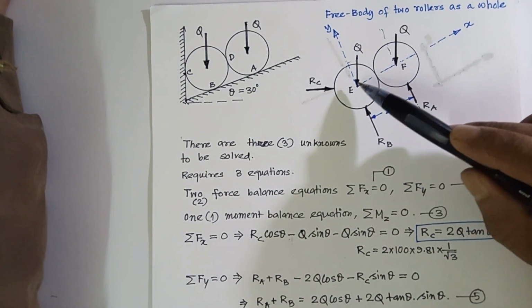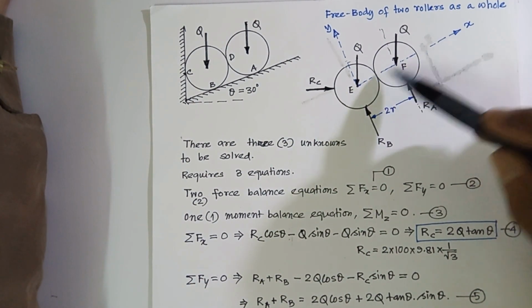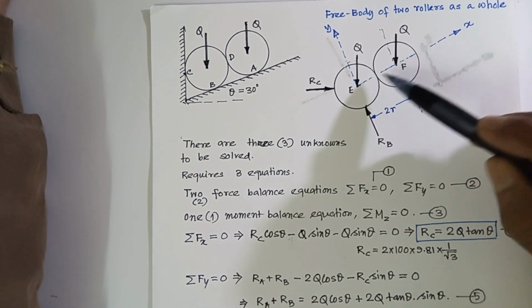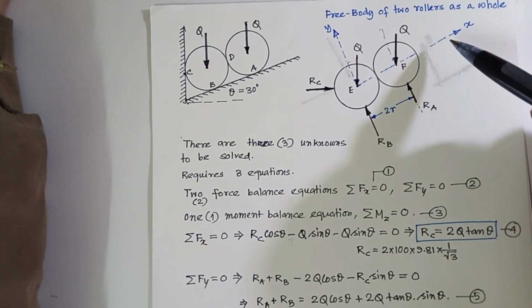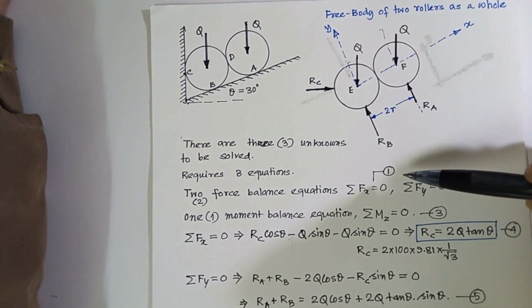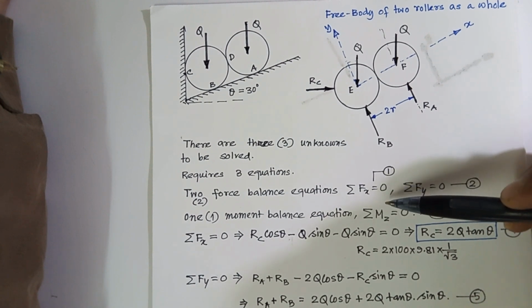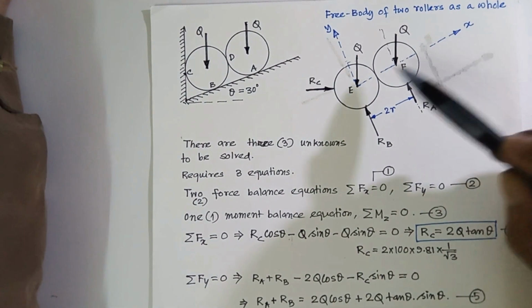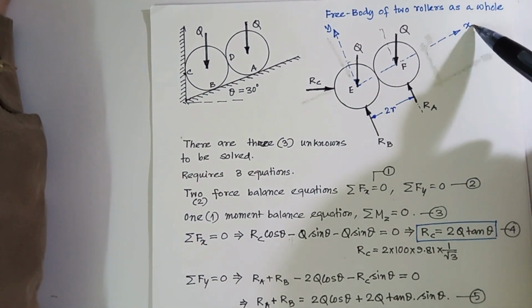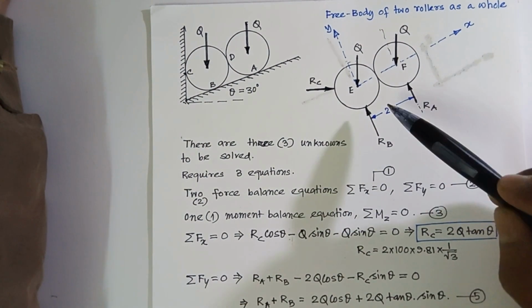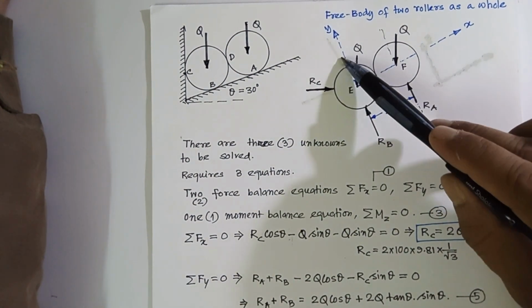Now for this we have to first specify the coordinate system. In this case I have selected the coordinate system in such a way that while writing the equations, the variables per equation will be minimum, so that we can easily solve some of the equations. I have taken x in this direction, y in this direction, because RA and RB are aligned with the y direction.